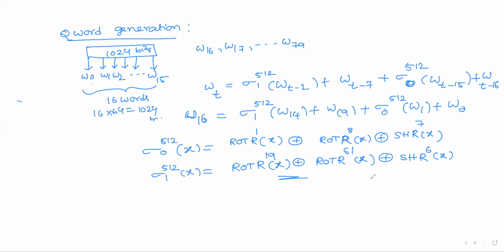In this way we can write any word up to W79. So the first 16 are generated directly from the plain text block, which is of size 1024 bits, and these generated words we use to write the next words, that is W16 to W79, with the help of this formula.